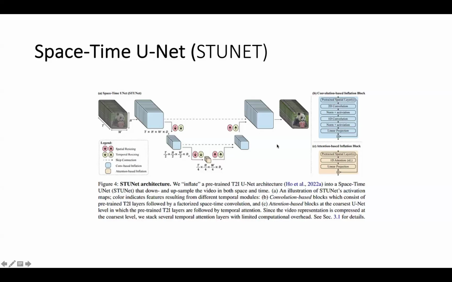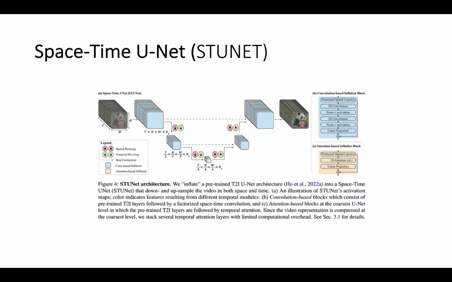And when it comes to attention, these guys are different. Instead of adding attention to every block, they have added attention only to the bottom layers, where it is not computationally intensive. Yes. There also, they have a pre-trained spatial layer and they've added 1D convolution, 1D attention, along with a linear projection.